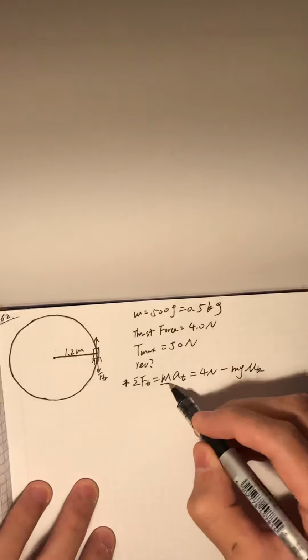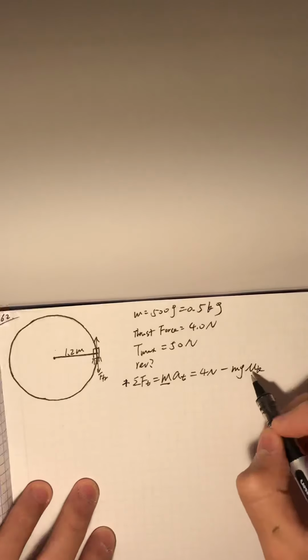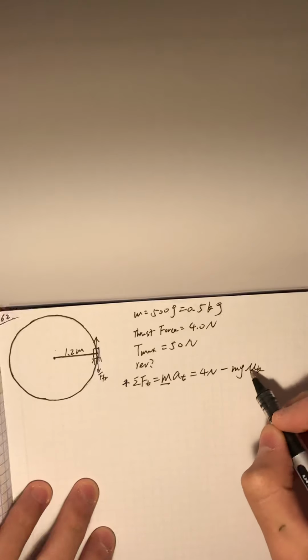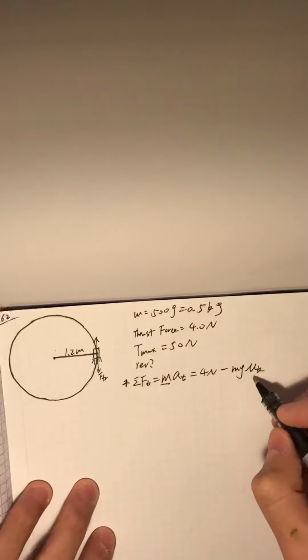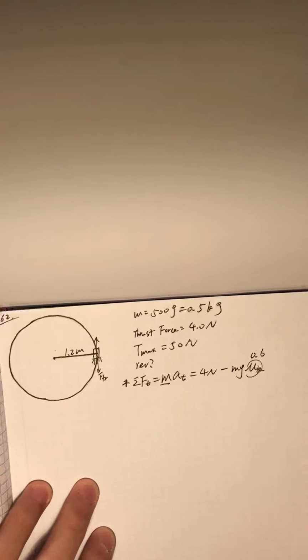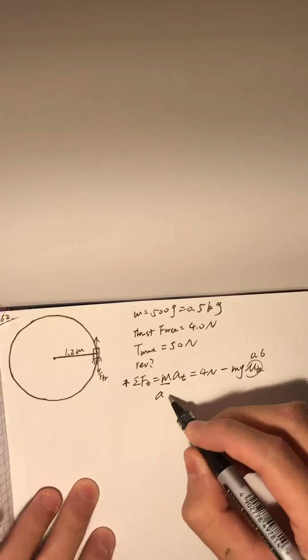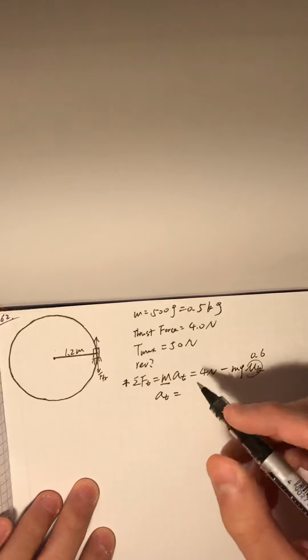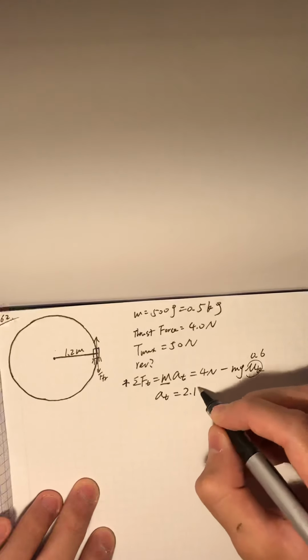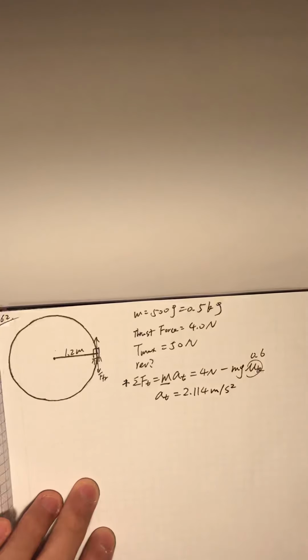We know the mass, so we know mg, and mu k is for steel on steel, so here it is 0.6. So we can find the acceleration in the tangential direction, which equals 2.114 meters per second squared.